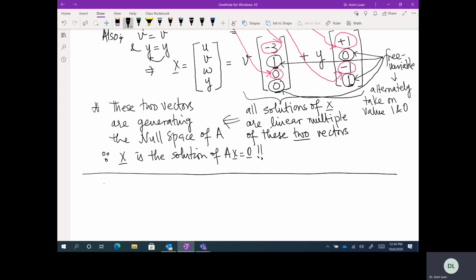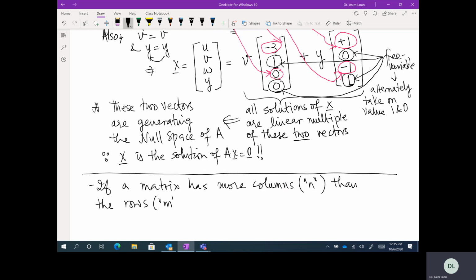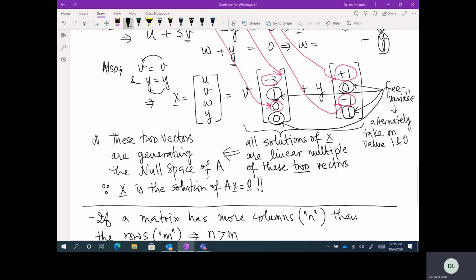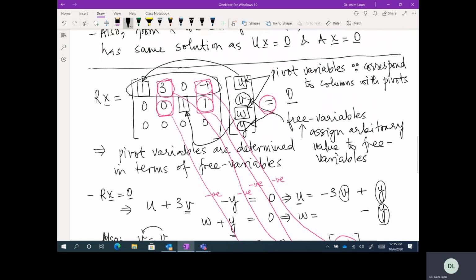So if a matrix has more columns, which means more unknowns, that is n, than the rows, which is m, this implies n is greater than m. Maybe I also introduce one more thing here.